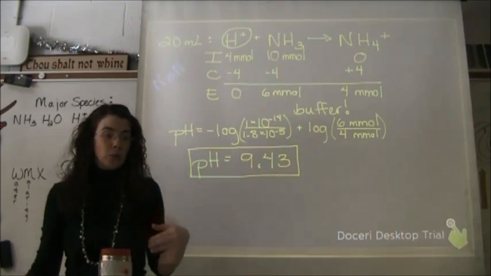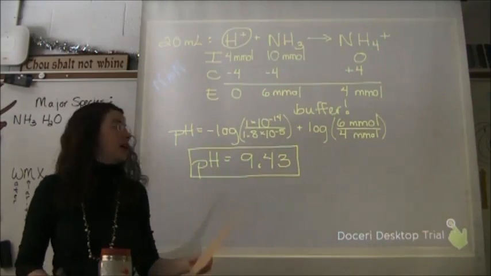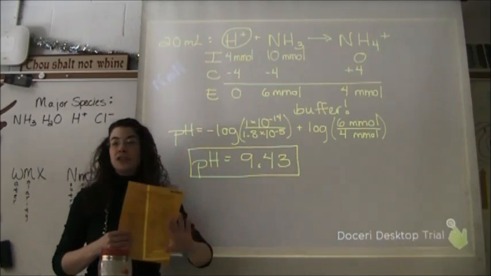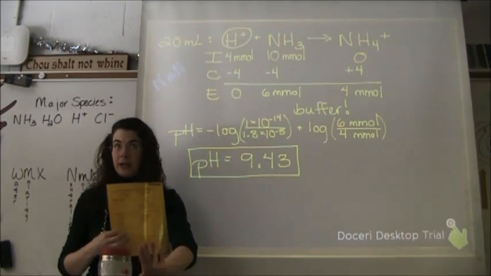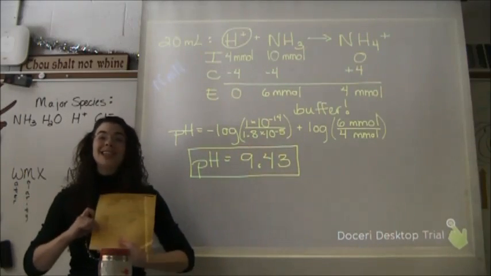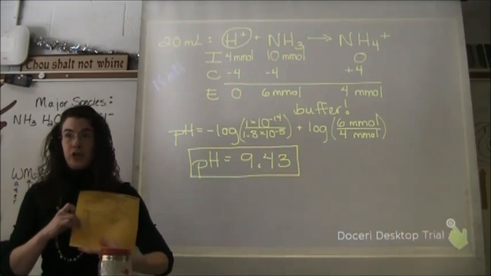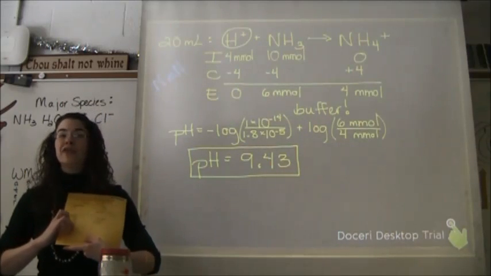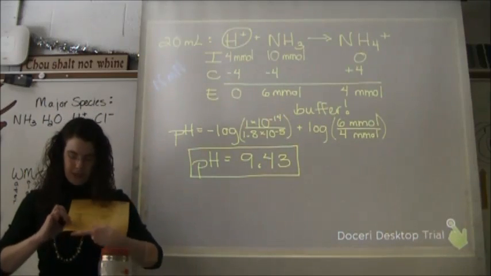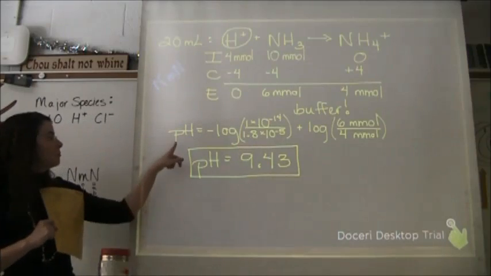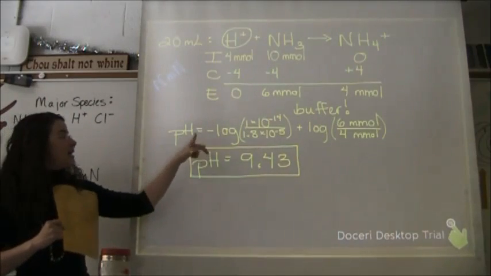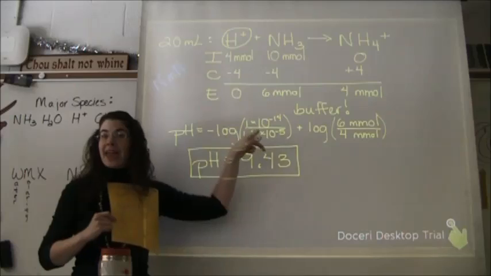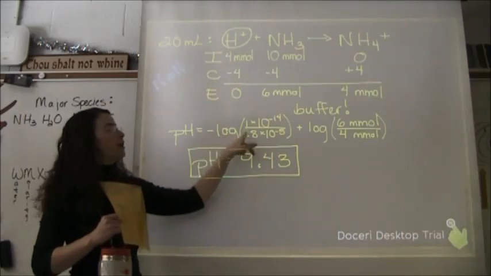Now, some of you were smart enough to figure out, and you don't have to do this, this is an option, you can take the Henderson-Hasselbalch equation and make everything the opposite. Instead of pH, make that pOH. Instead of pKa, make it pKb.